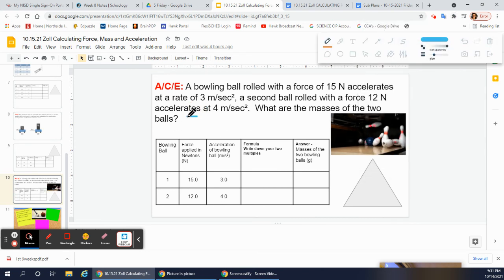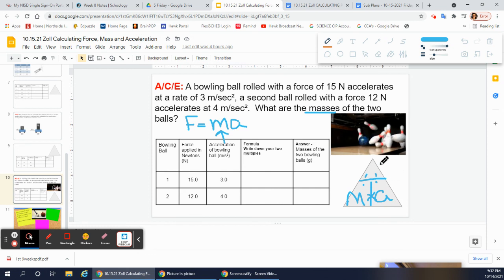So we're going to start out with Newton's second law, net force equals mass times acceleration, but we need a formula for mass. Over here I'm going to use the formula triangle. Multiplication goes across, division goes up and down. So mass times acceleration, I'm going to place that here.